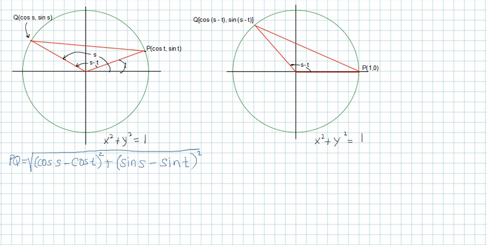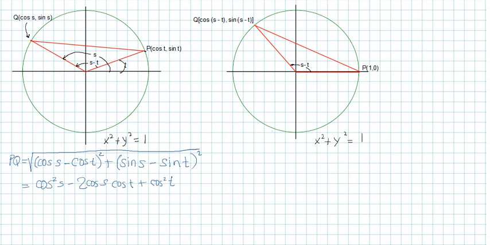Okay. Now we're going to use the binomial square shortcut, which says that the first term is cosine square of s minus 2 cosine of s cosine of t plus cosine square of t.